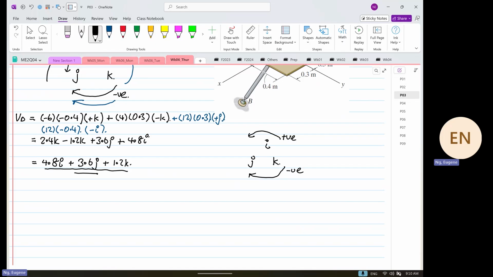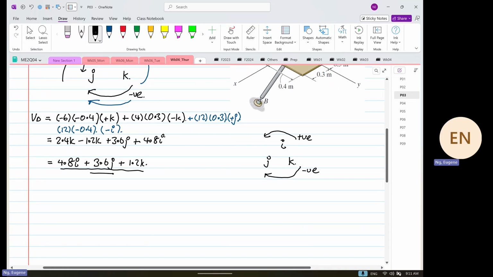Okay. Right, so now we have found our velocity. So from here, we are going to determine our acceleration. Okay. Acceleration is not ridiculous, it's just a bit tedious.